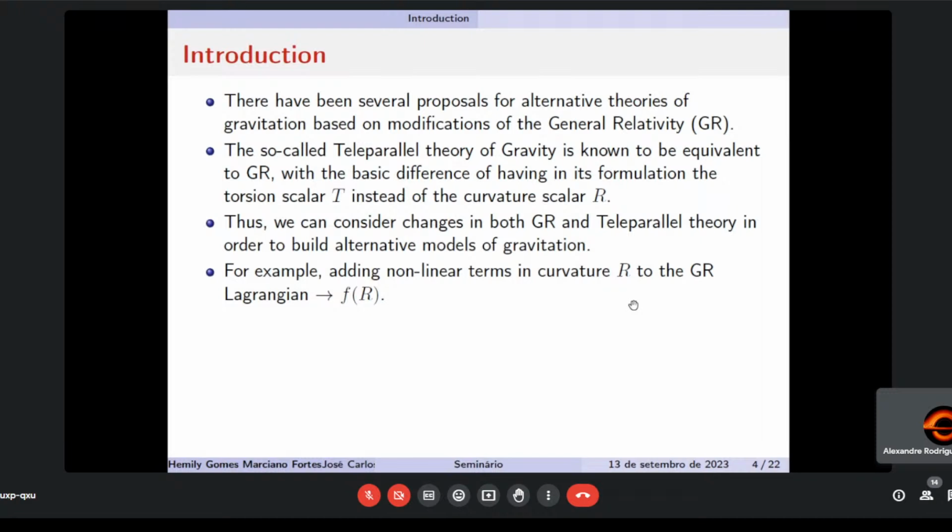So, for example, if we add nonlinear terms in curvature R to GR, we have the so-called F of R models. On the other hand, if you do the same thing, but consider the Lagrangian density as a function of the torsion scalar T, we have the F of T models.